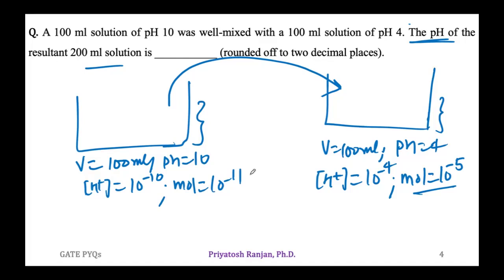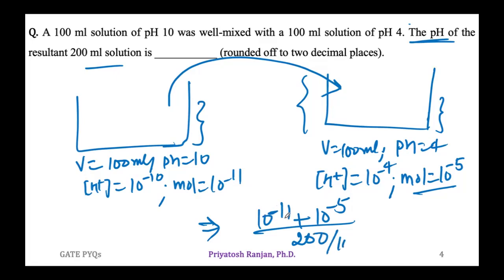beaker. So what we can do is now we can add the moles of the hydrogen ion. You cannot add the concentration, but I can add the moles of the hydrogen ion in this particular beaker. So this is going to be 10 raised to minus 11 plus 10 raised to minus 5. And what is the volume? Now the volume has become 200 ml.